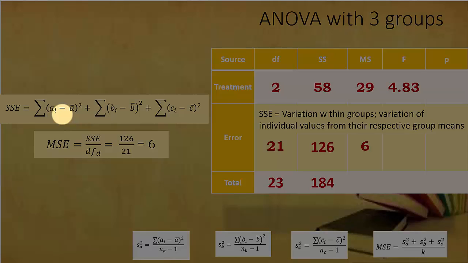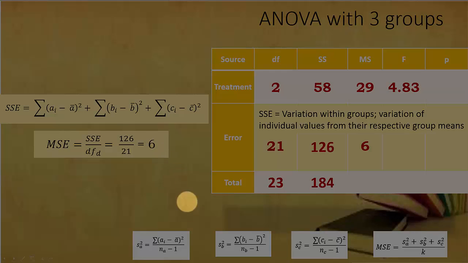So I'm getting the sum of squares for that group. Then I'm going to do it for the next group, individual values of B minus the mean of group B, square them and sum them, and then the same thing for group C. And that's going to give us the sum of squares, or 126. The mean square then will be that 126 divided by 21 to give us 6.